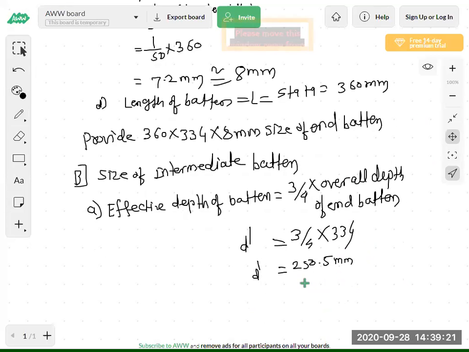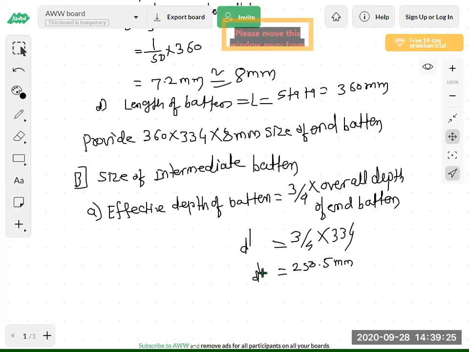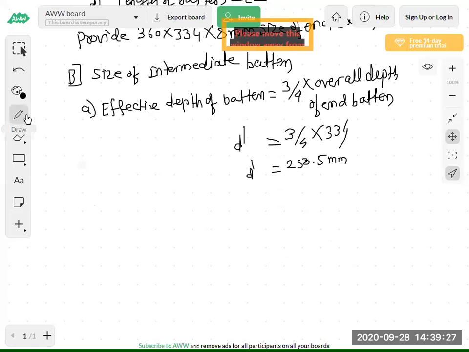So here we can provide greater depth but not use less depth. So we will take a round figure, that is D dash is equal to 252 mm. We will take 252 mm; we will make 250 into 252.